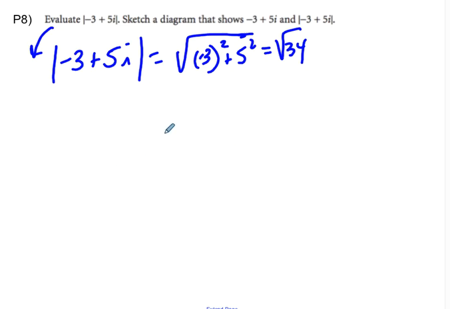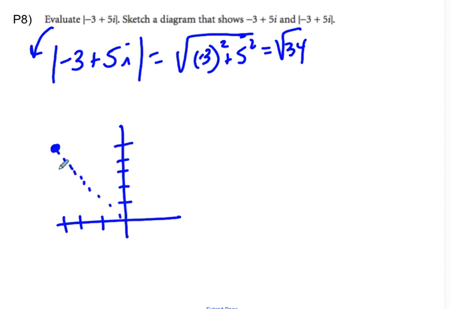If I draw this on a diagram, my x-coordinate is negative 3, my y-coordinate is 5, so it's going to look something like this. And again, it's technically not the x and y axis, it's the real and the imaginary axis, but you get the idea. They happen to take place on top of what we would call the x and y axis. So this is a negative 3, this is a 5, and then this hypotenuse is the absolute value of negative 3 plus 5i, which happens to be root 34.